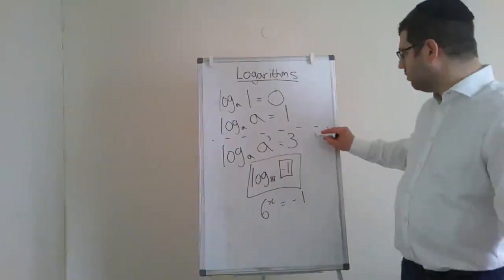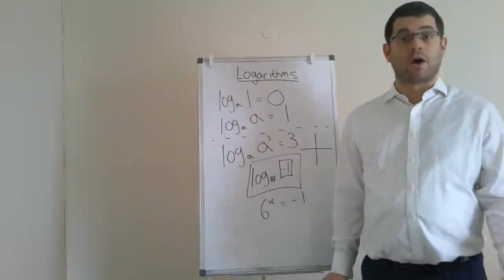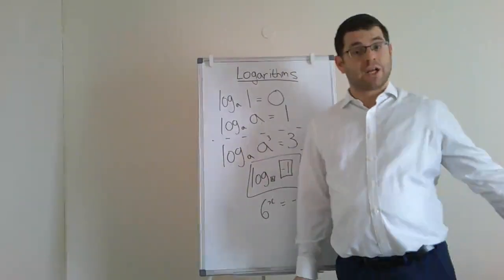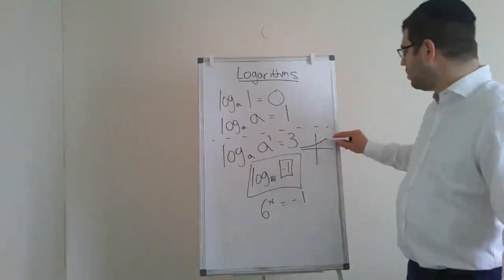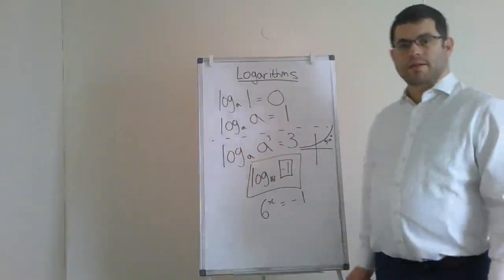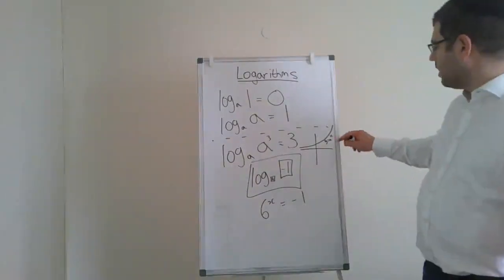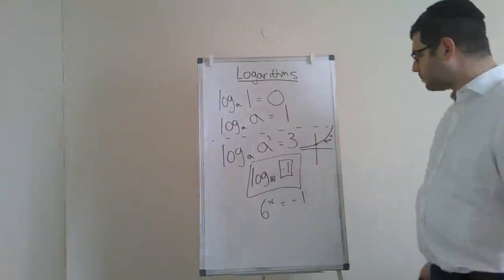You may recall from our work using the graphs of exponential functions, even done back at GCSE, that an exponential graph looks like this. Y is a to the power of x for a value that is bigger than 1, goes through point 1 here.